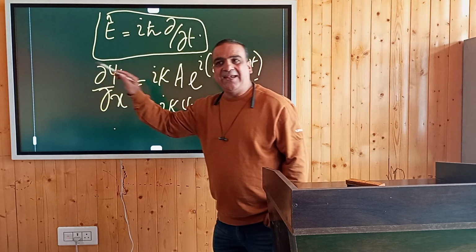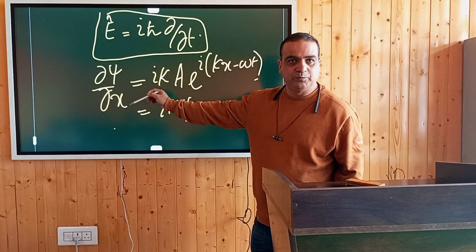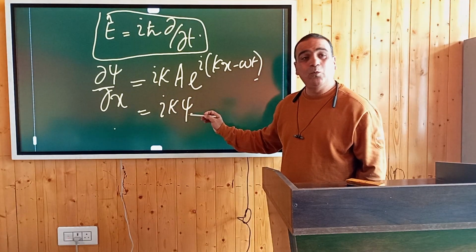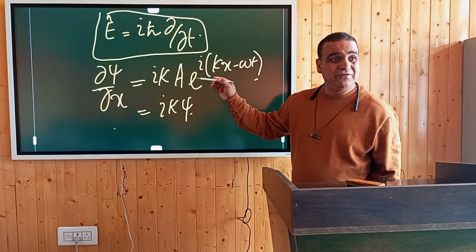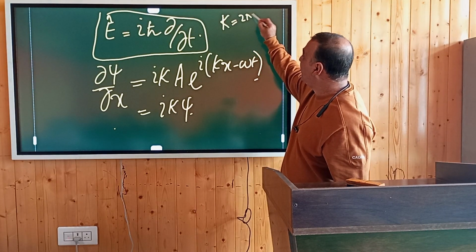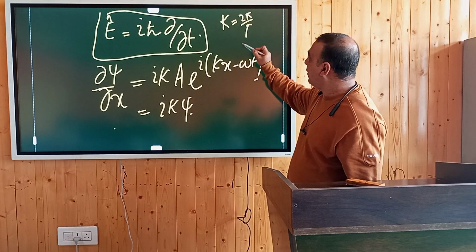Now, in the left hand side, I have the partial derivative of psi with respect to the position. Now, in the right hand side, what I have is k. What's k? k is a propagation vector. What is k equal to? k is equal to 2 pi by lambda, isn't it? Okay? And for lambda, what do I have?